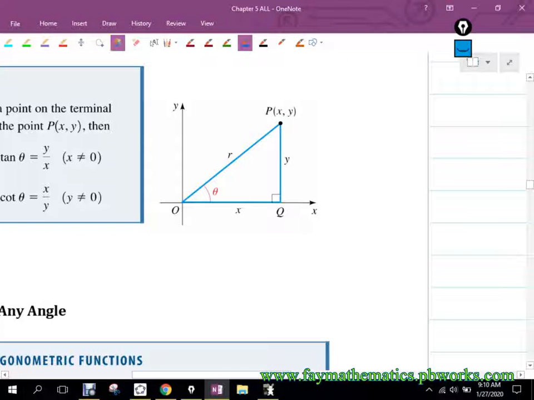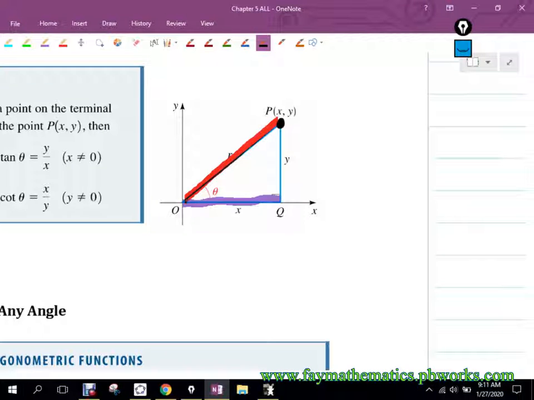So this side here is your initial ray. It has to stay there on the positive x-axis. Your terminating ray stops at a point P(x, y).